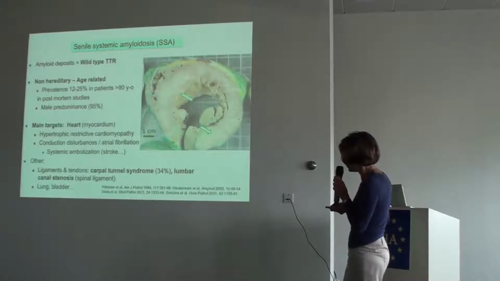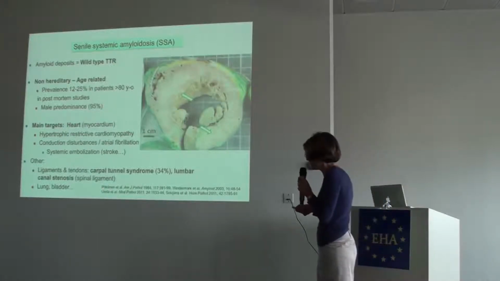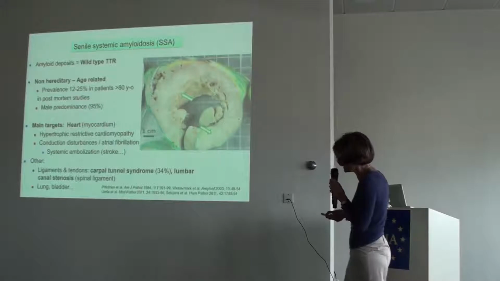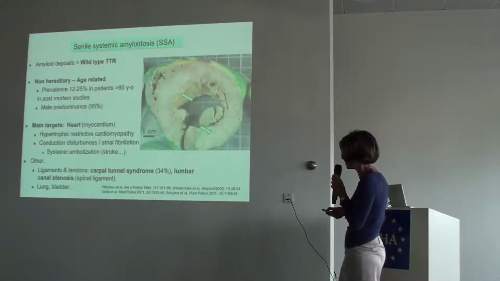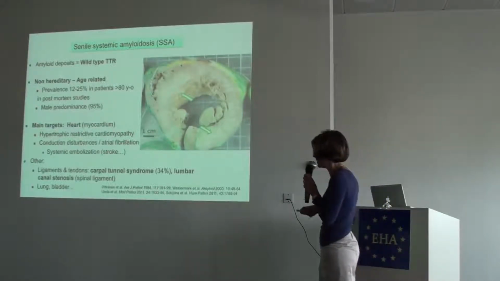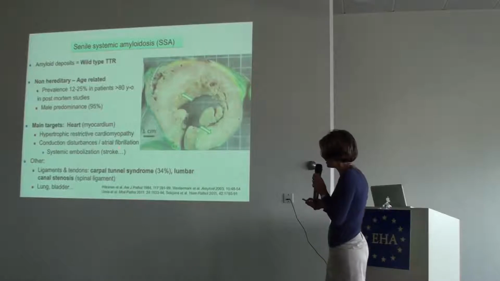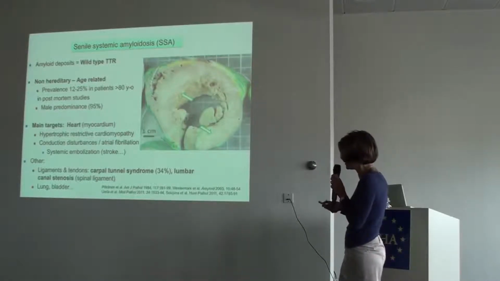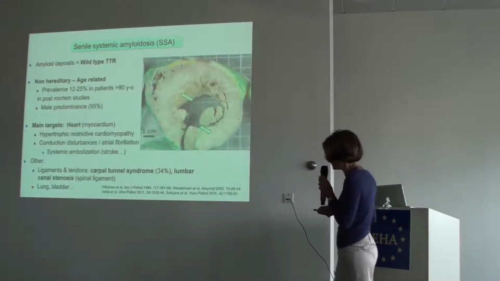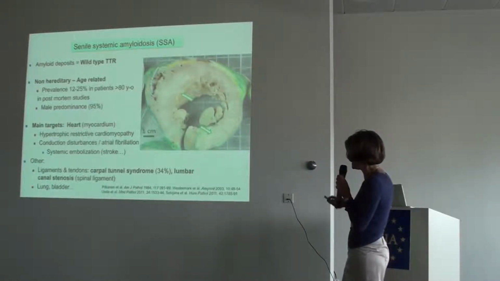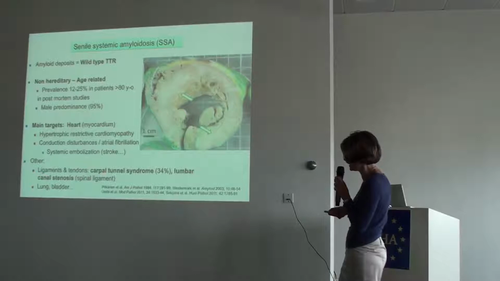But we have now much better tools, as we'll see in a minute. So the main expression is cardiac with hypertrophic restrictive cardiomyopathy and conduction disturbance, atrial fibrillation responsible for syncope, systemic embolization. So mainly in the elderly after the age of 80 years old, with male presentation usually. But this is a systemic disease, and we have accumulation of amyloid in other tissues, namely ligaments and tendons.